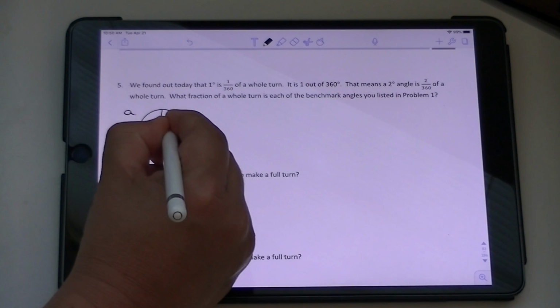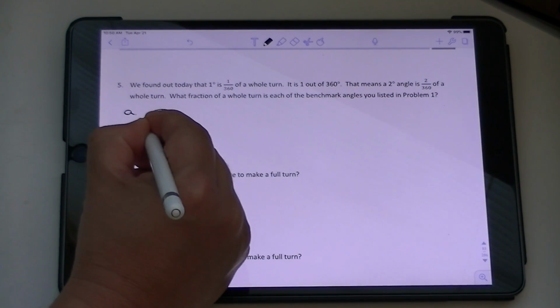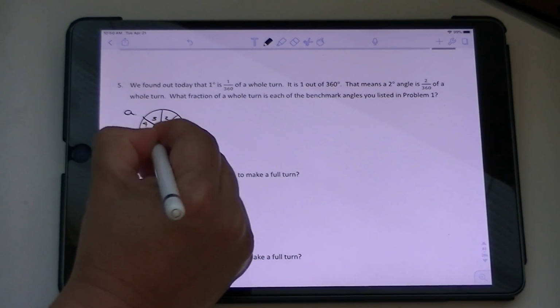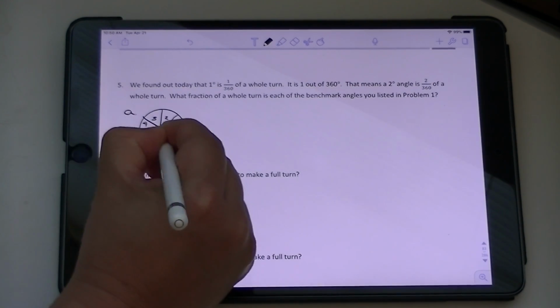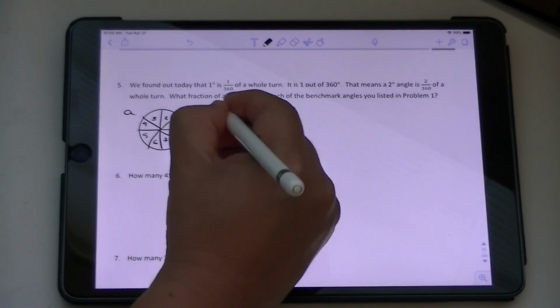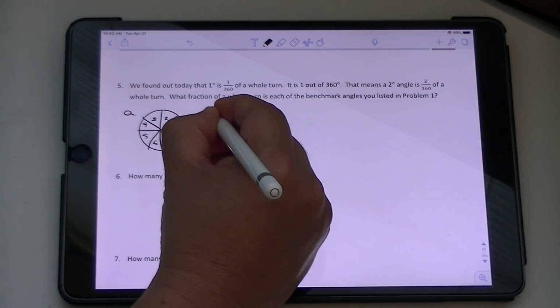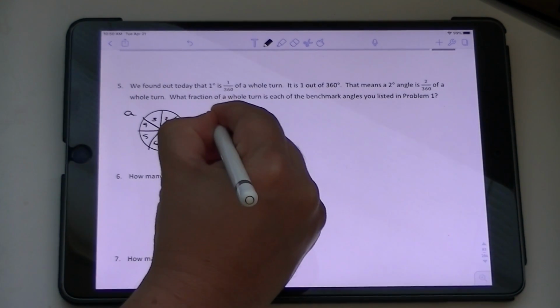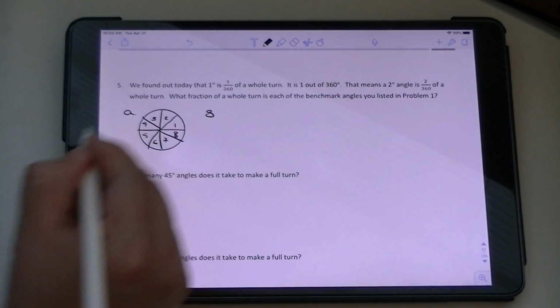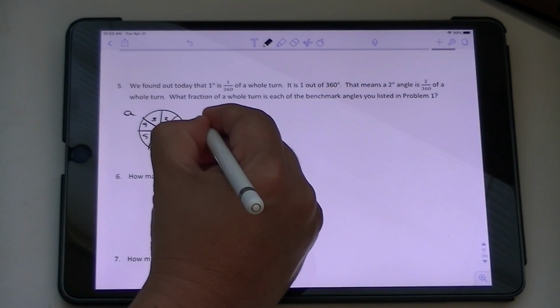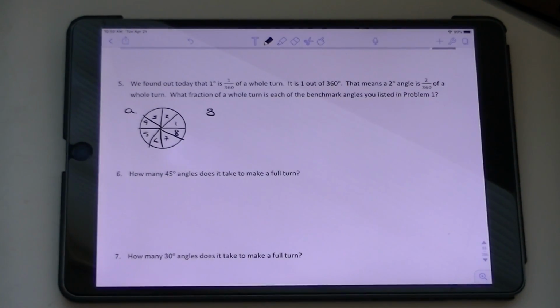So you need 1, 2, 3, 4, 5, 6, 7, 8. You need 8 turns to complete a 360.